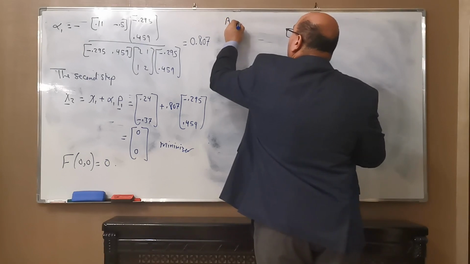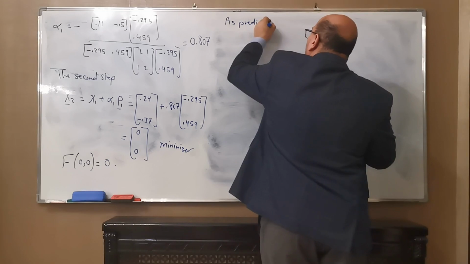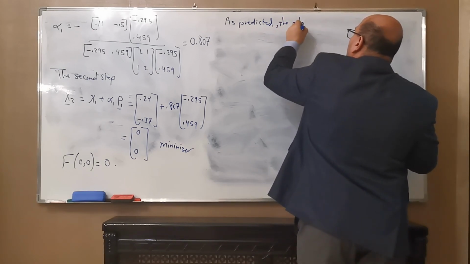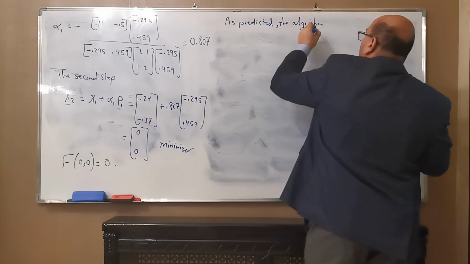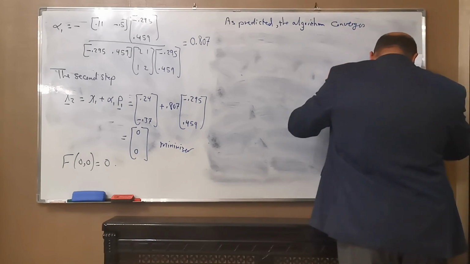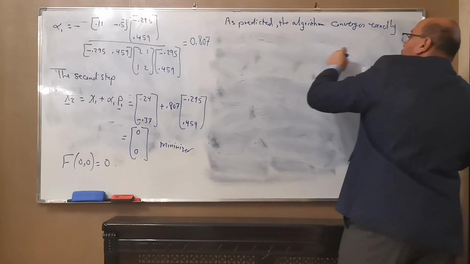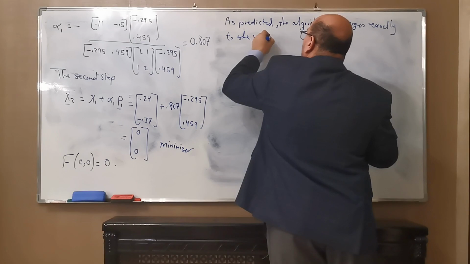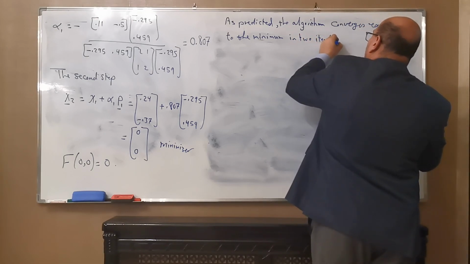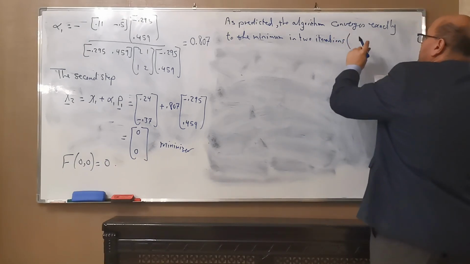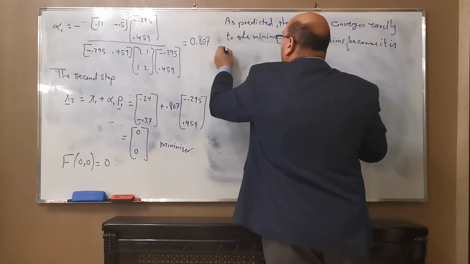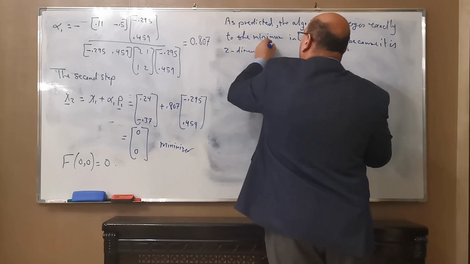So as predicted, the algorithm converges exactly to the minimum in 2 iterations, because it is a 2-dimensional quadratic function.